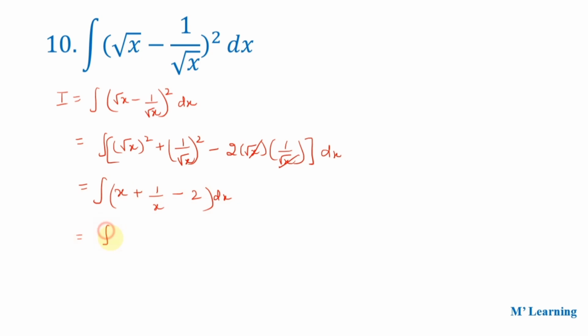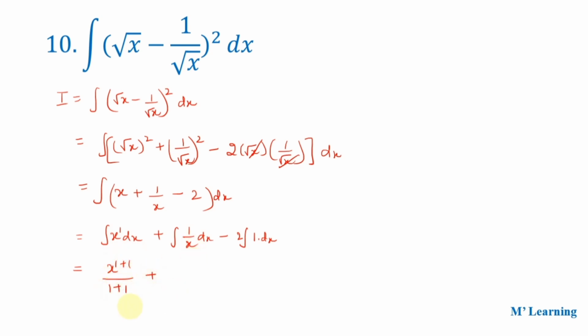So now we'll just separate this: integration of x dx plus integration of 1 by x dx minus integration of 2, which can be taken out, 1 dx. Now, integration of x dx is x to the power n plus 1 by n plus 1, because we can write it as x to the power 1. So this becomes x to the power 1 plus 1 by 1 plus 1.